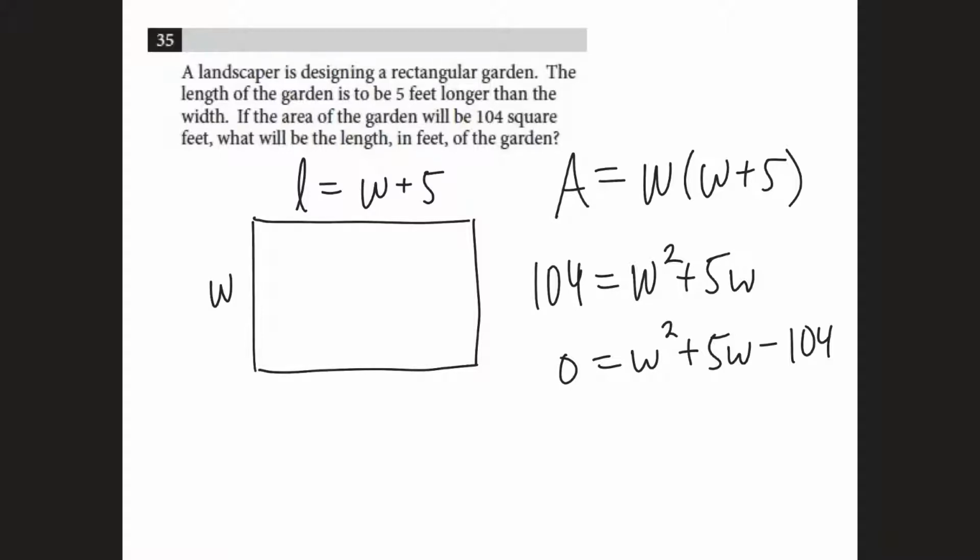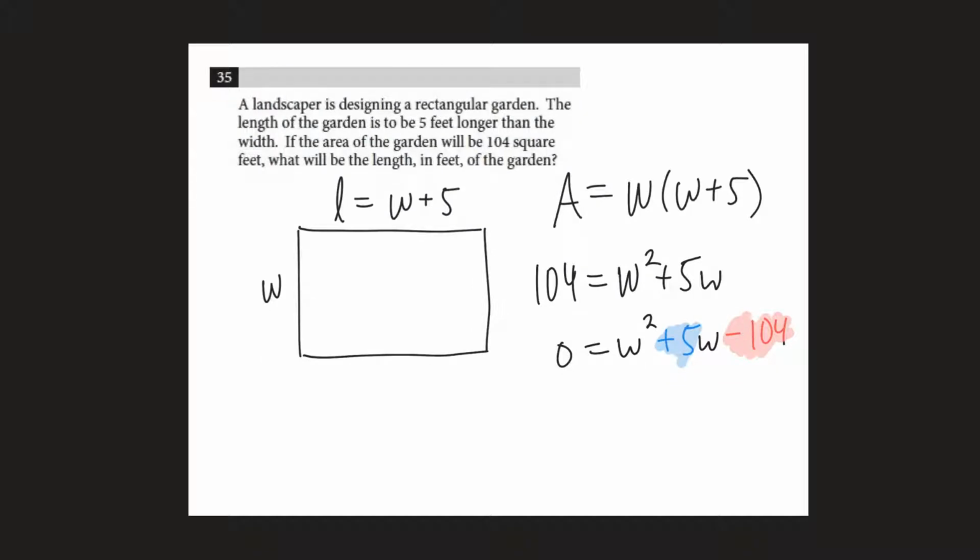Now, the a value is 1, so I'm looking for two numbers that multiply to C and add to B. So I'm looking for factors of 104. I'm going to write it over on the left.